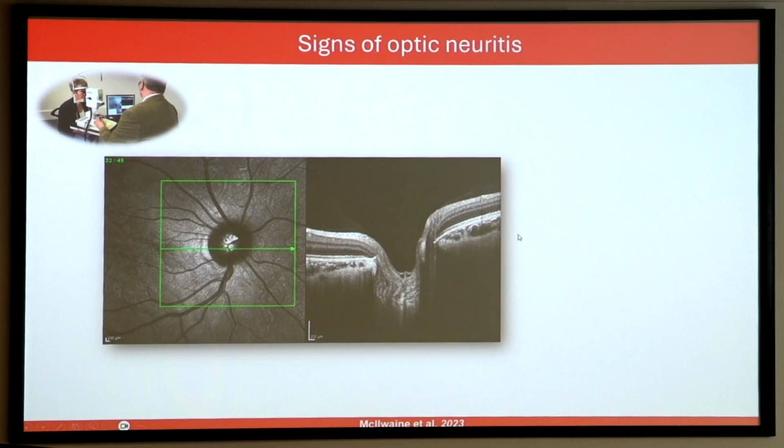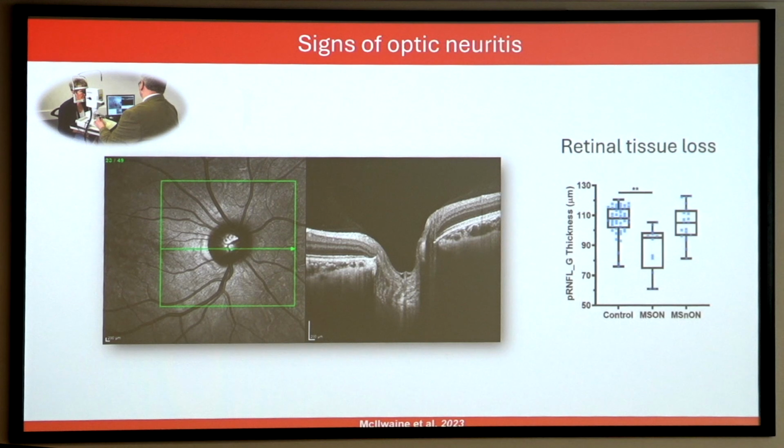And it's not surprising that it causes visual symptoms to patients. And what happens after this major inflammatory event is that the retina is left degenerated. Some of the fibers are lost, which we can measure with this technique. And so in eyes with a history of optic neuritis, we measure a thinner retina, which indicates neurodegeneration.